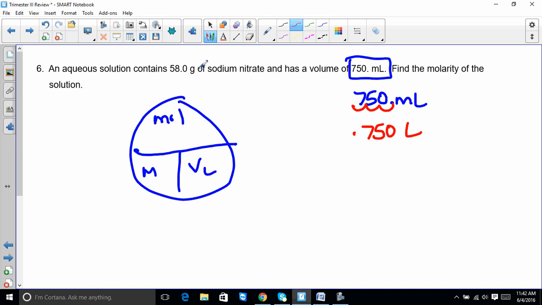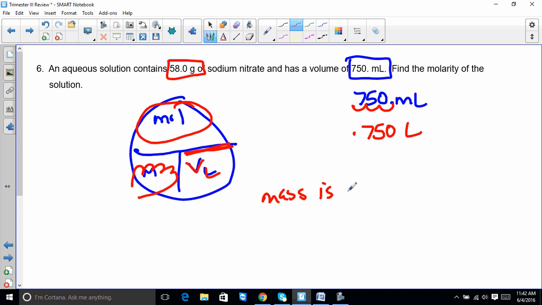Step 2, in the problem, if you're looking for molarity, I put my hand here and it tells me that I have to put moles on top of volume in liters. Well, I don't have moles, but I have mass. And I know that mass is related to moles by this cool concept called molar mass.